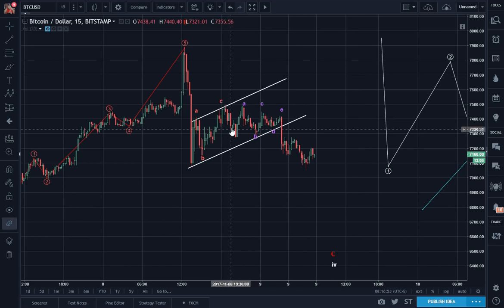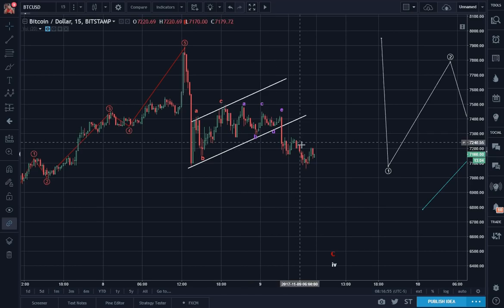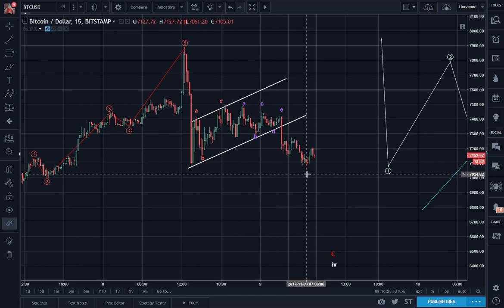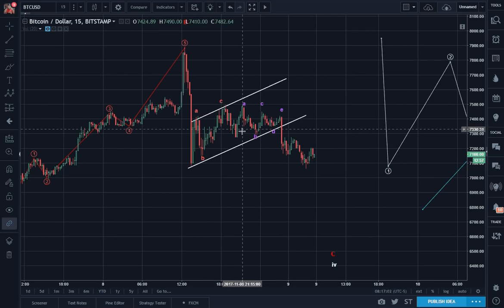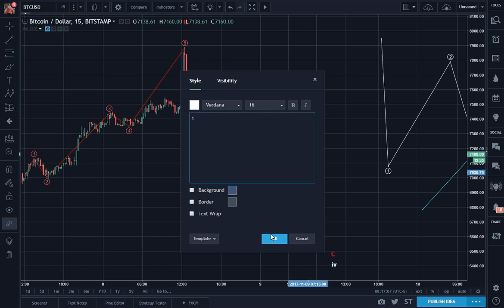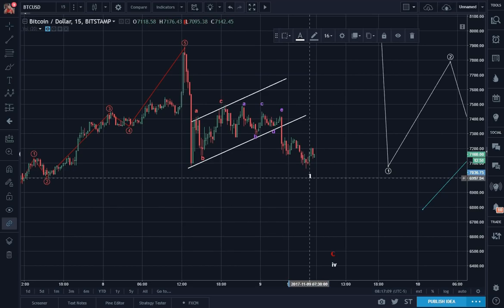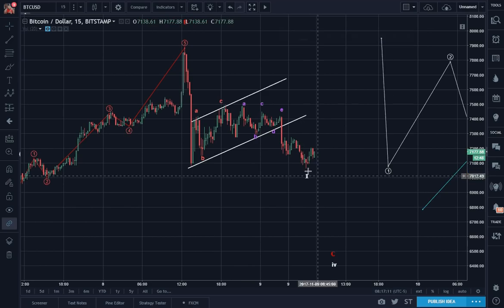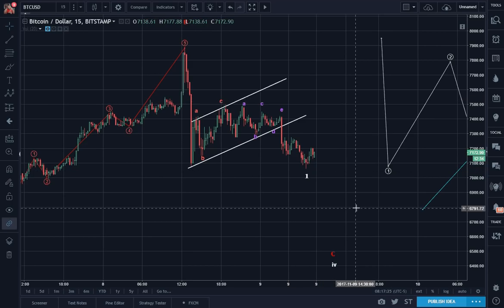You can also get 1, 2, 3, 4, 5. This is 1. Okay, so these are what I'm counting now is the subwaves of this one, let's say. Right here. So I have 1, A, B, C, D, E, 2, 3, 4. It doesn't exactly overlap. 5. I have 1. You can see a 2 here too, possibly. 3, 4, 5.